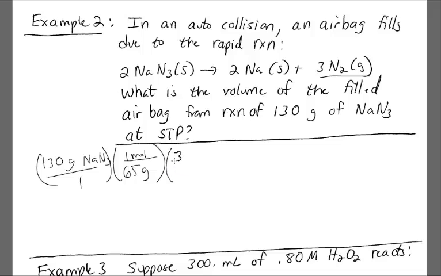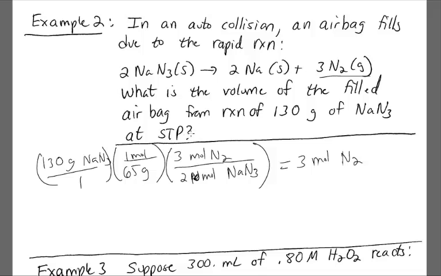We get 3 moles of nitrogen for every 2 moles of reactant. And that will give us the number of moles of nitrogen that we have produced.